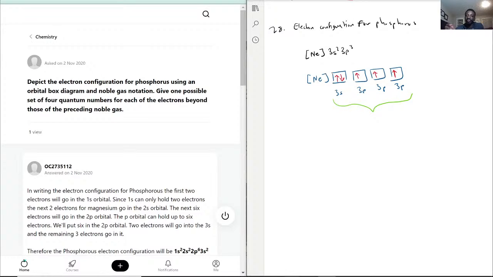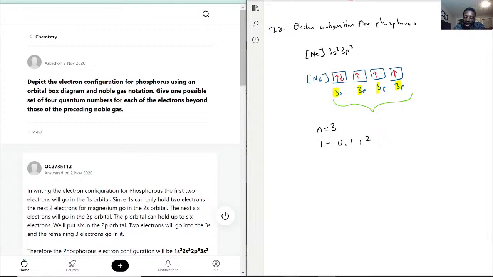When you're dealing with electrons in the third shell, and how do you know it's the third shell? 3, that's how you know. That means n is equal to 3, meaning that L, the type of orbitals you can have, can be 0, 1, and 2.